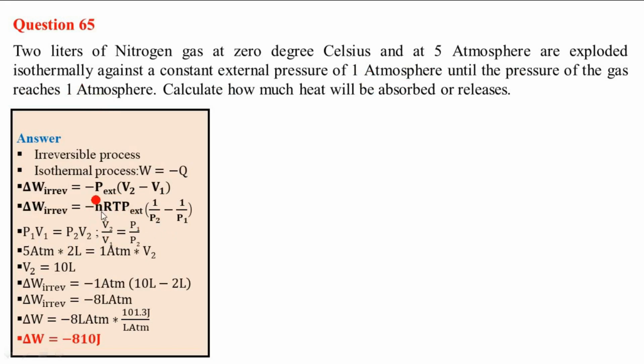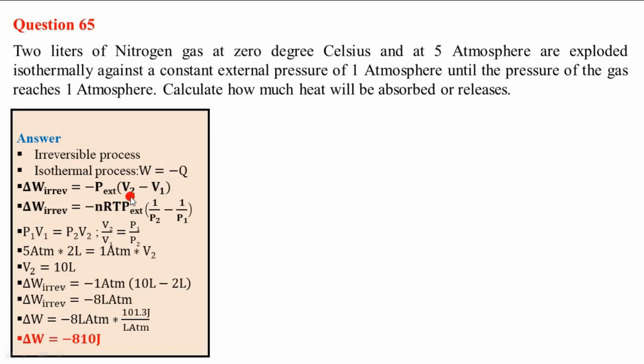But do we have the number of moles? We don't have the number of moles. You can calculate it by using PV equals nRT and replace the number of moles here. And what about this one? We have the 2 liters, this is V1, but we don't have V2. We can calculate V2, so we can use this one by calculating V2.